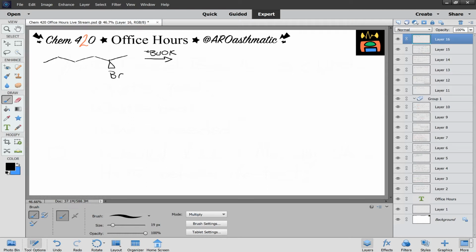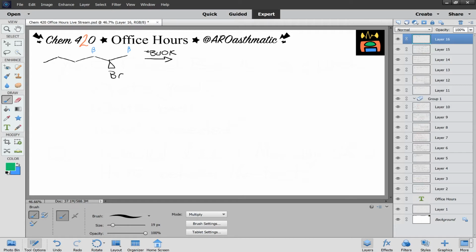Now, potassium tert butoxide, as we said, is huge. And so it is going to prefer, the major product is going to come from the side that's less sterically hindered. When you look at the beta hydrogens, we have two beta positions right here and here.